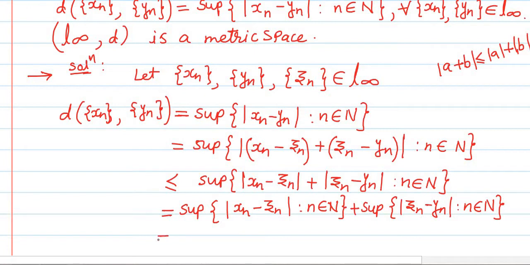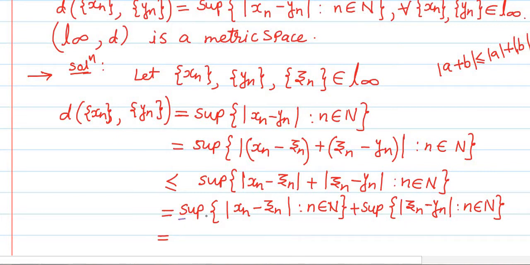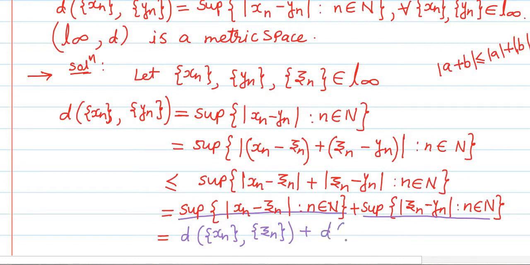And again, by the definition of the d function, the first quantity is nothing but d of sequence xn comma sequence zn, and the second quantity, by the definition of the d function, is nothing but d of sequence zn comma sequence yn.